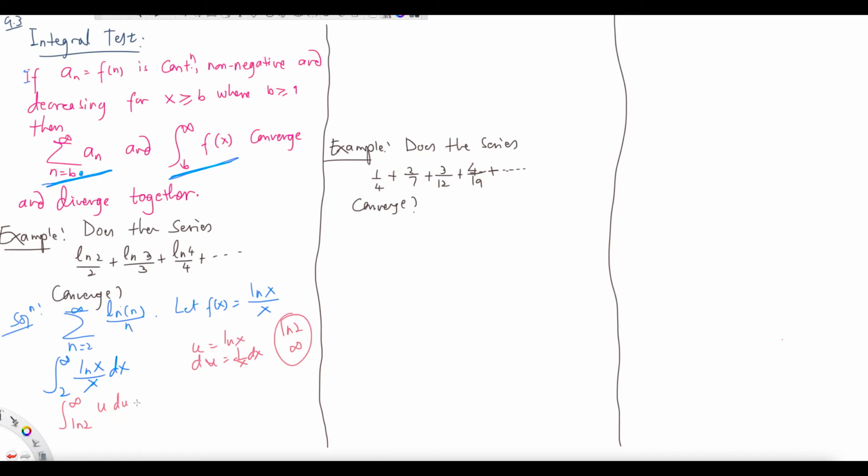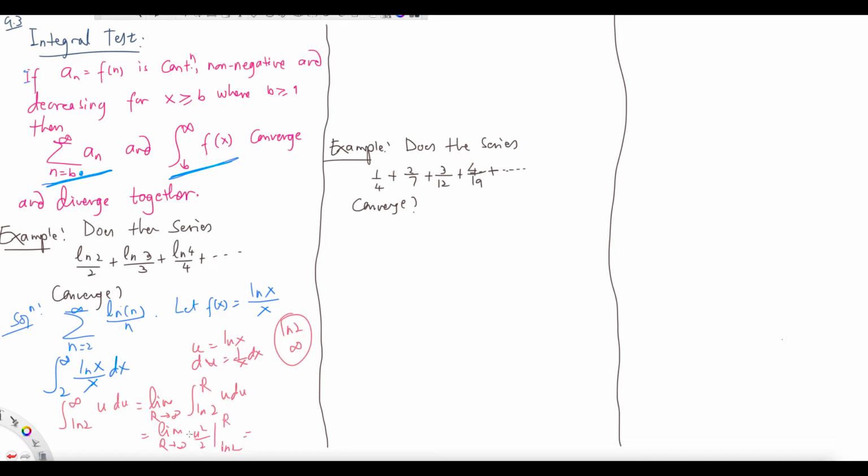Now this can be written as the limit as r tends to infinity, because this is an improper integral, of the integral from natural log of 2 to r of u du. How much is that? That is u squared over 2, evaluated from natural log of 2 to r.